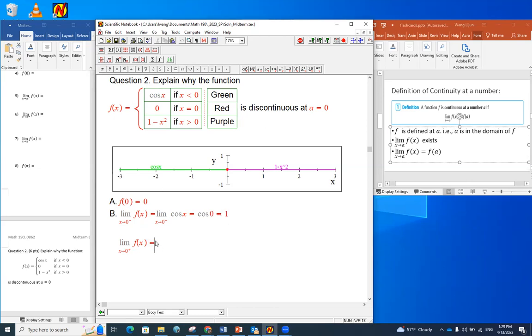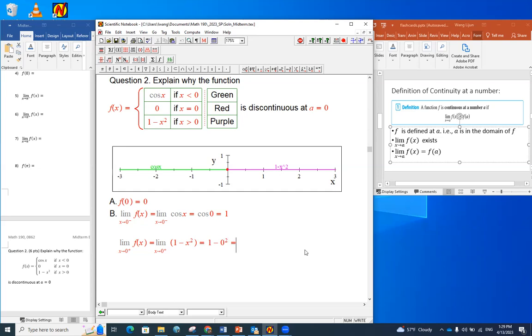And the next step, we take the limit from the right. The rule is 1 minus x squared. This is a quadratic function, a polynomial, direct substitution works, so we do 1 minus 0 squared.